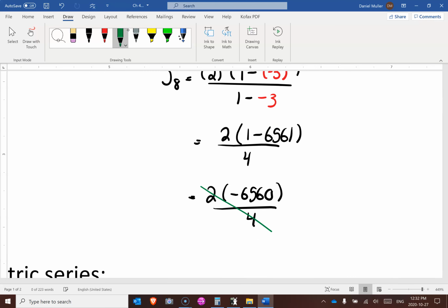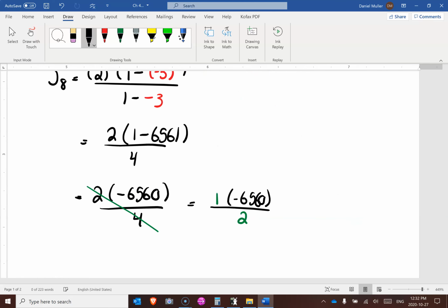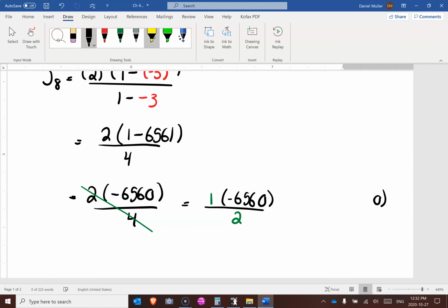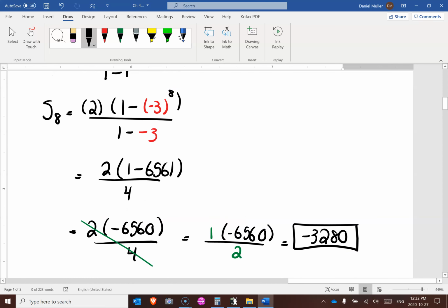I can do that trick that I've done in the past where I make this a 1 and make that a 2 to simplify those, and -6560. And so now I just have to cut that in half. So half of 6500 is 3250, and half of 60 is 30, so -3280. So this one at the end I didn't need a calculator, but I still needed a calculator for this part, just because it saved me a bunch of time.